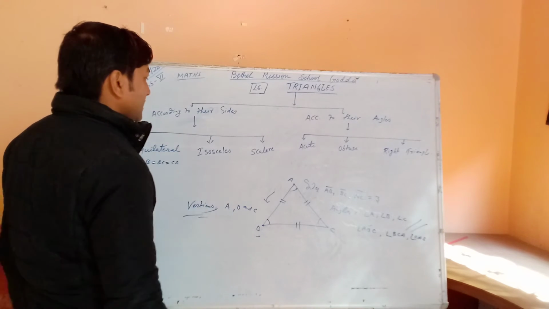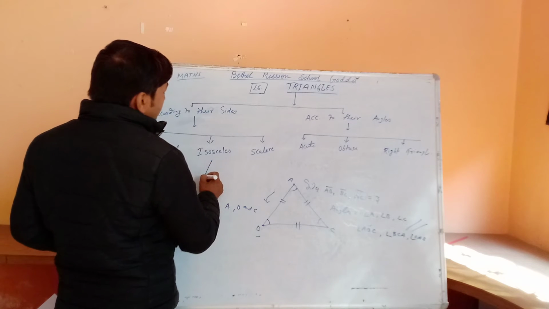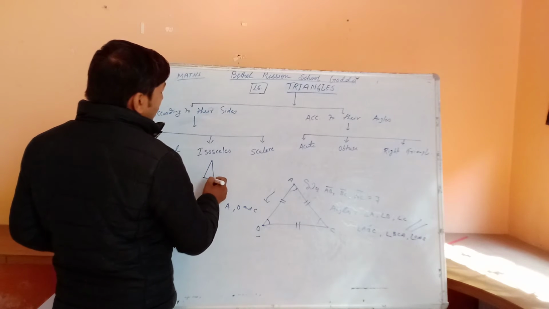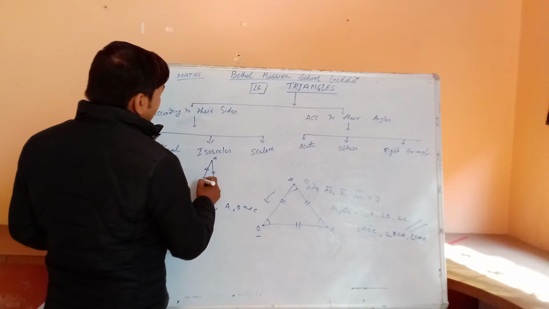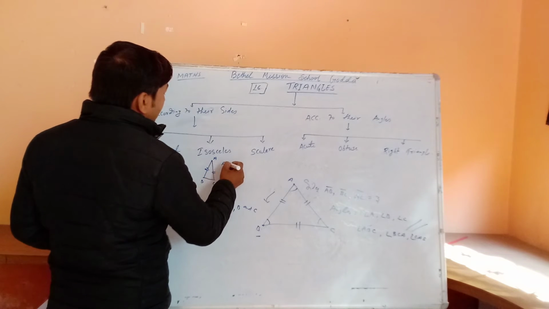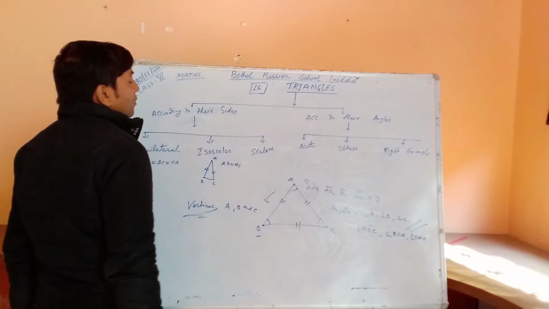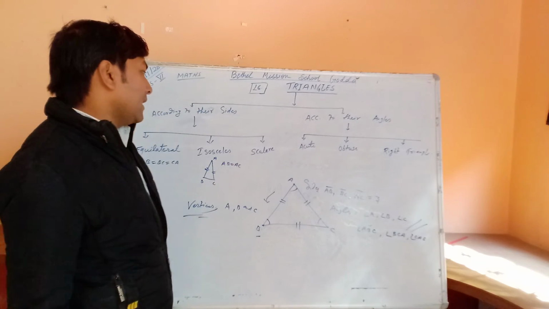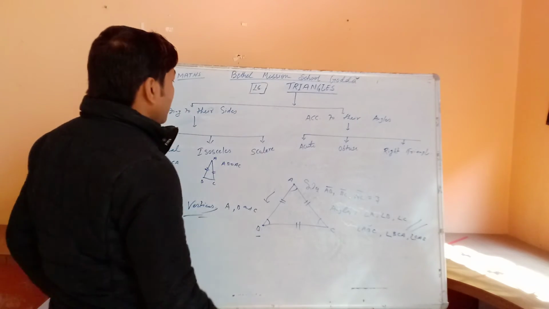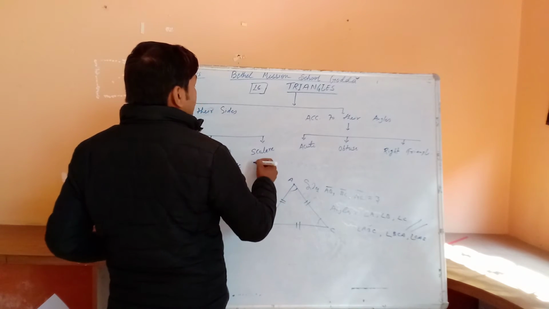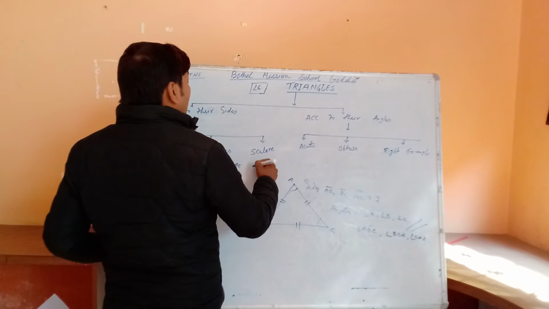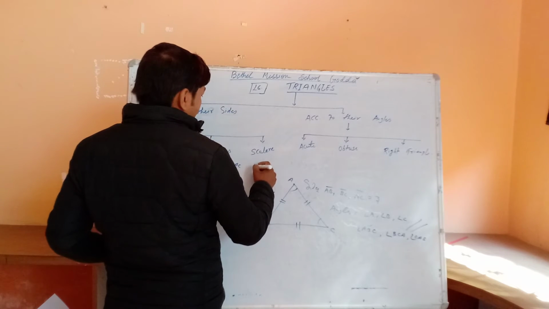And an isosceles triangle is when only 2 sides are equal: in triangle ABC, AB equals AC is known as an isosceles triangle. And a scalene triangle is when all the sides of a triangle are unequal.